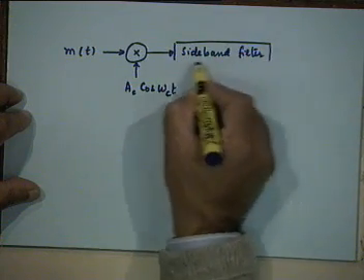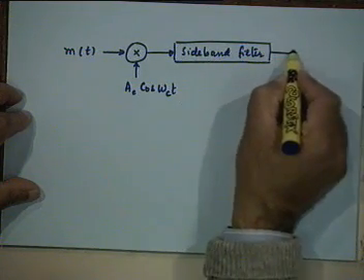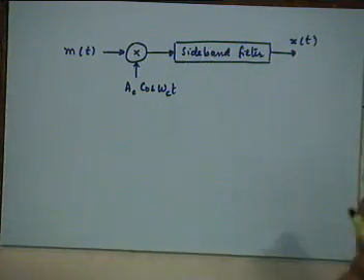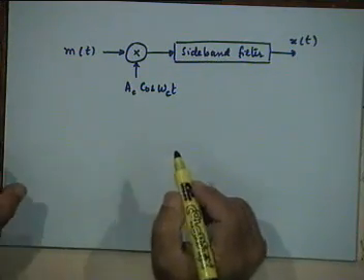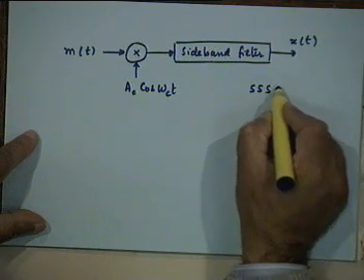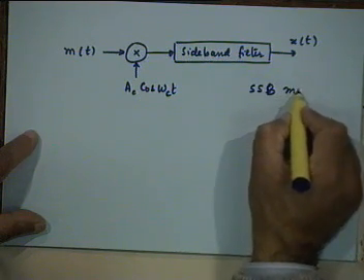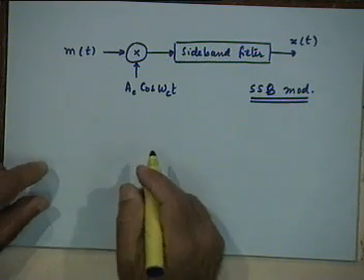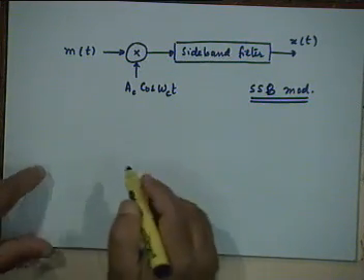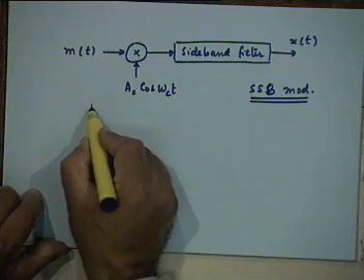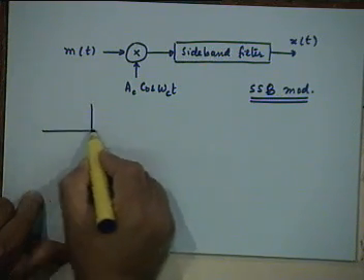Right? And that will be now your transmitted waveform or modulated waveform x of t, right? So that's your SSB modulator. Let's look at the whole thing in the frequency domain.